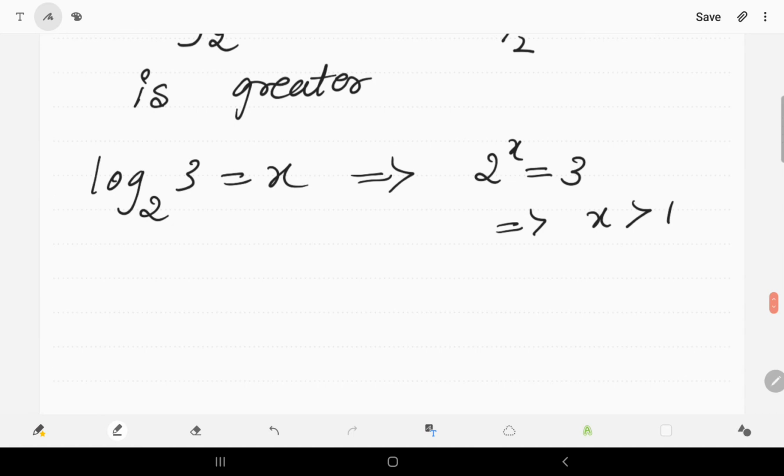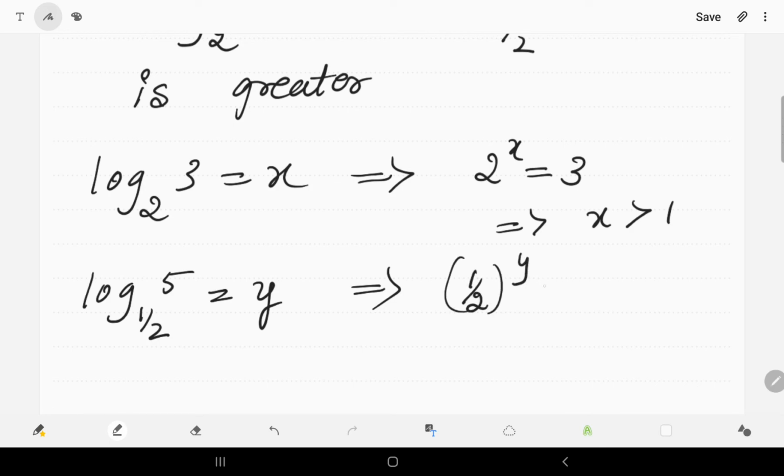Next, log of 5 to the base 1 by 2 is equal to y. That means 1 by 2 to the power y is equal to 5, so y is less than 1.